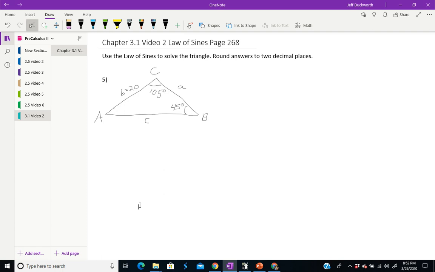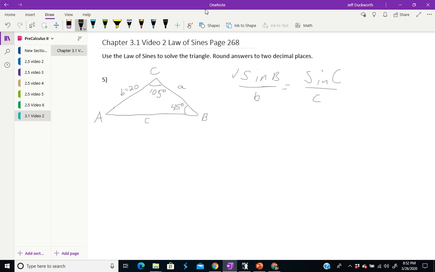Because if you recall, we're using B and C in this case, so sine of the angle B, capital letter, over small b will equal sine of capital C over little c. So here we have three pieces.